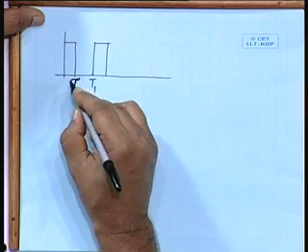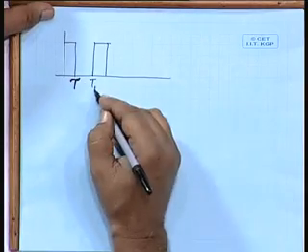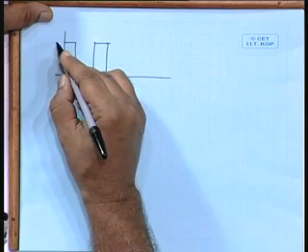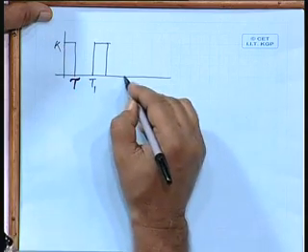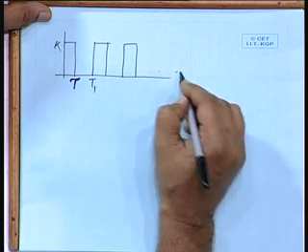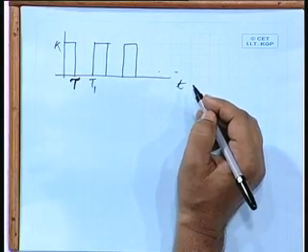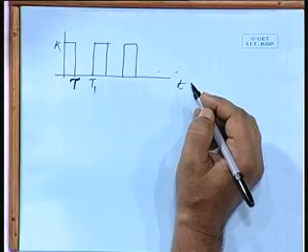There are likely chances of confusing tau with t1, so I am putting t1, and this is of magnitude say k, and it is appearing periodically. What will be the expression for this type of function?